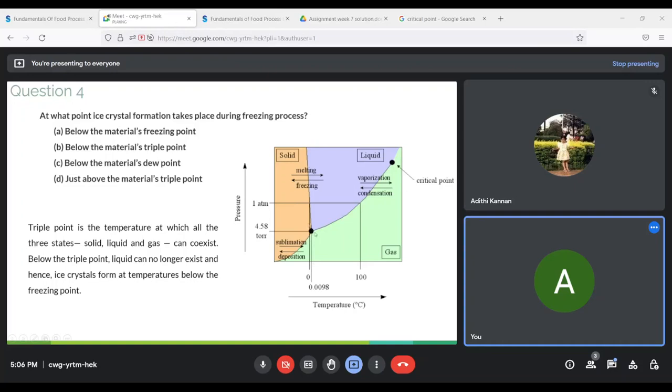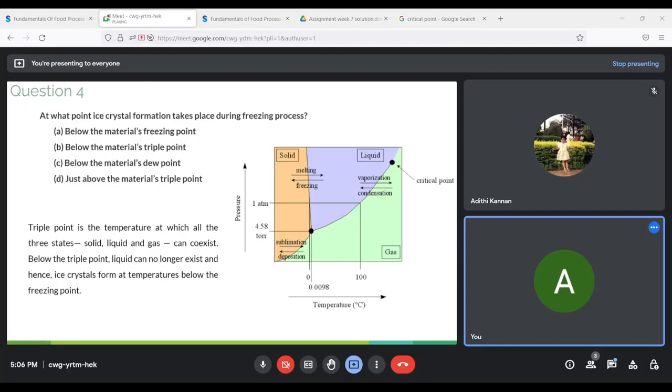So at the triple point itself, you will start to see your ice crystal formation. And this ice crystal formation will grow more as you further decrease the temperature to your freezing point. That is actually the supercooling that is seen in the freezing curve, if you look at it. So TF is where your crystals will start growing, whereas your nucleation, the point at which your ice crystal formation takes place, is at the triple point.